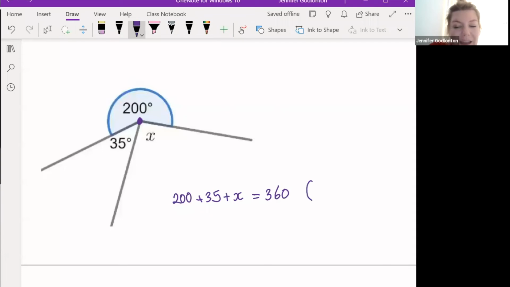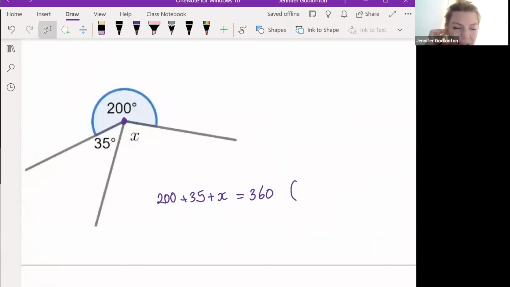Okay, so what would my reason be here? Well, I'm not sure, but I can say like angles around the point. Yes, there we go. Angles around a point. You got there. Nice. Thank you, ma'am. No problem.